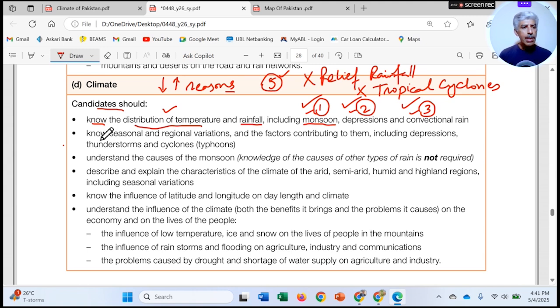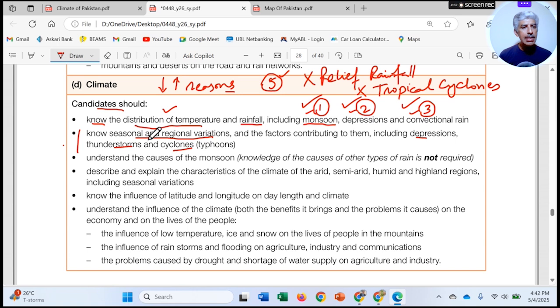Okay, now what else? Second bullet point: the students should know seasonal and regional variations and the factors contributing to them, including depressions, thunderstorms, and cyclones.